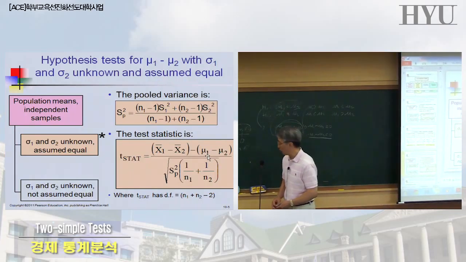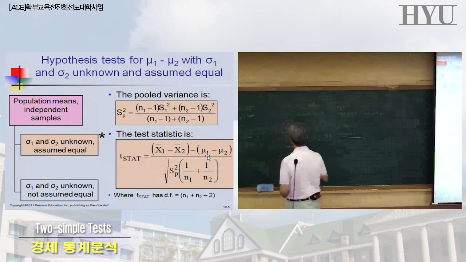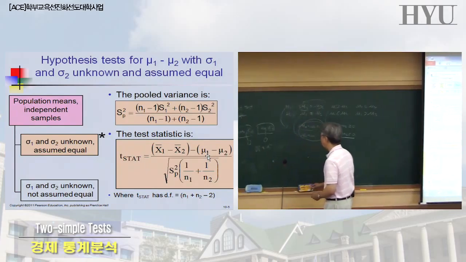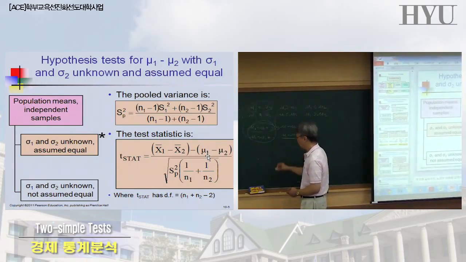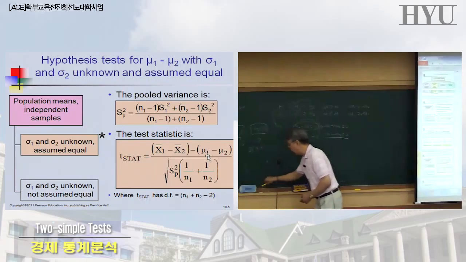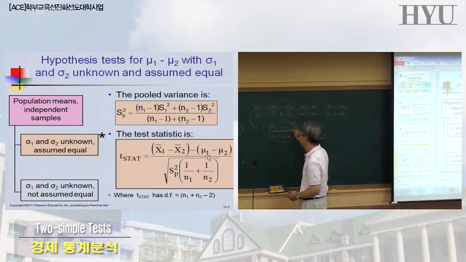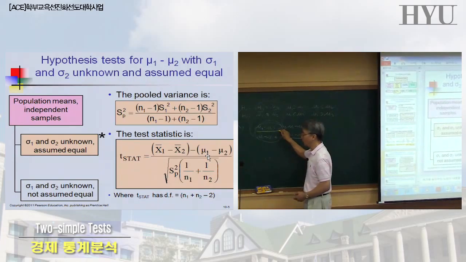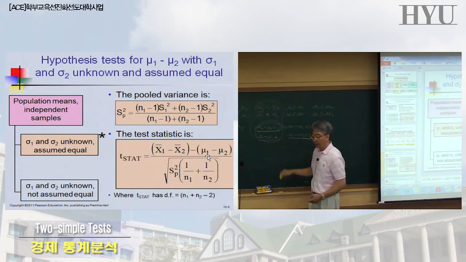So typically we run these cases: mu1 and mu2 are equal, versus mu1 and mu2 are not equal, right?